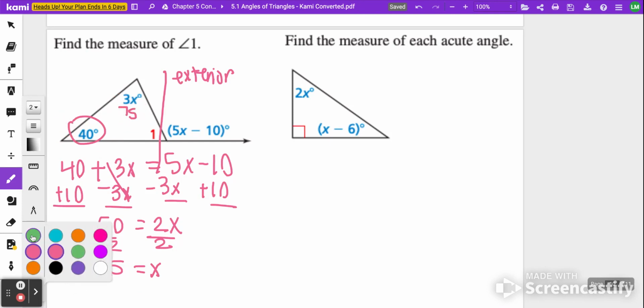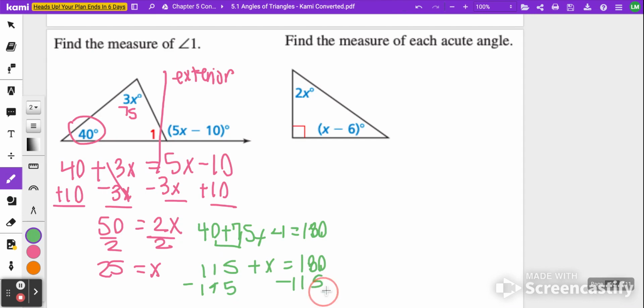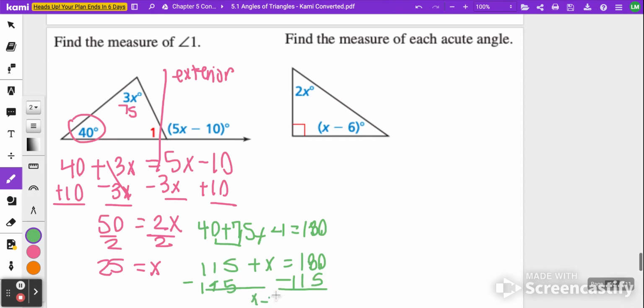So right now I have 40 plus 75 plus angle 1 is equal to 180. What I probably should do is figure out what the leftover is. 40 plus 75 is going to give me 115. We'll call that a missing angle x is equal to 180 minus 115 from both sides. x is equal to 65.